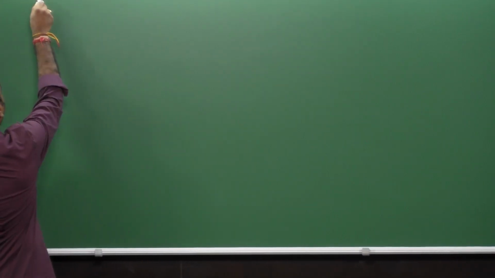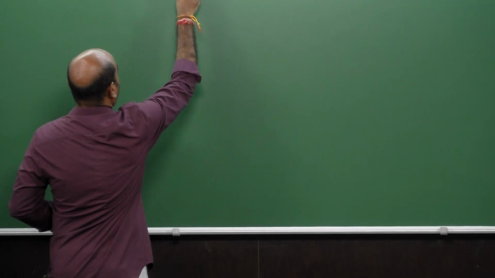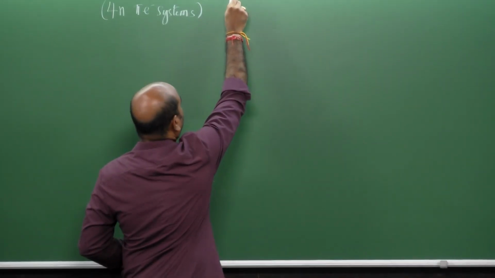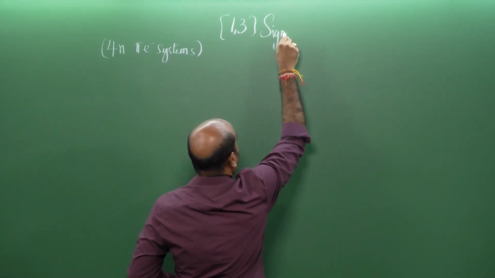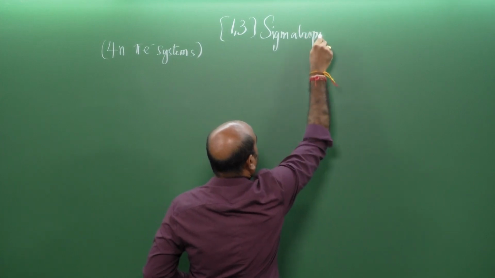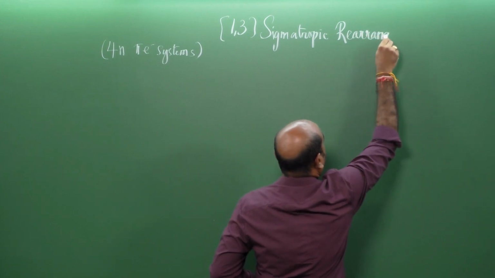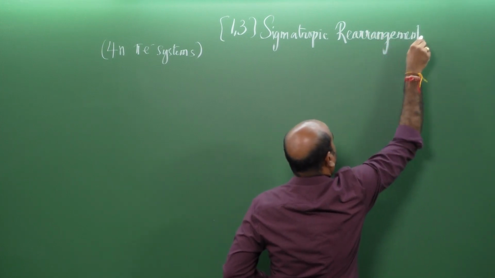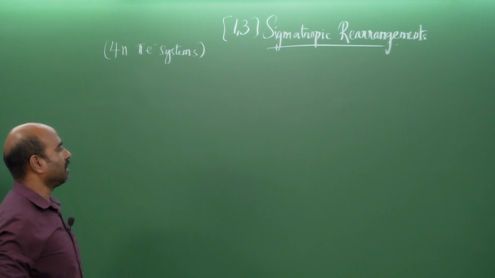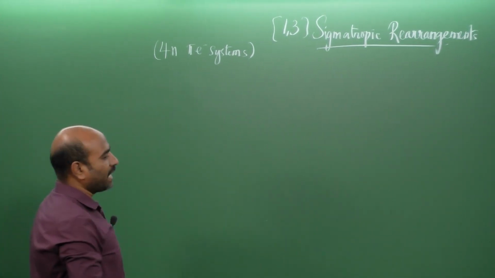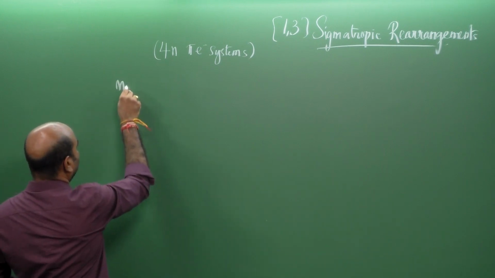So let us see the 4n electron systems, which is 1,3, which is nothing but 1,3 sigmatropic rearrangements. Now, this 4n electron system is there. How do we do that? So first, see the mode of reaction.